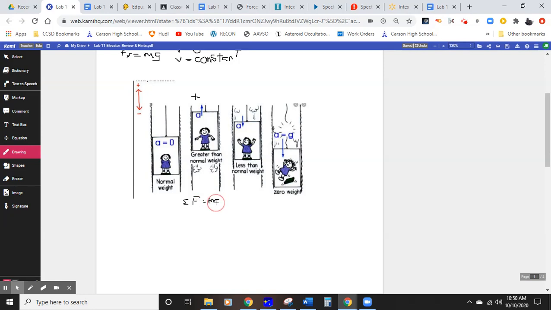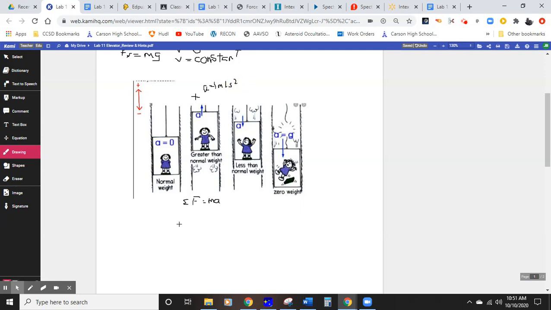In this particular case, acceleration is going to be positive. If you want to, you can say that acceleration has a value of, let's say, 1 meter per second squared.